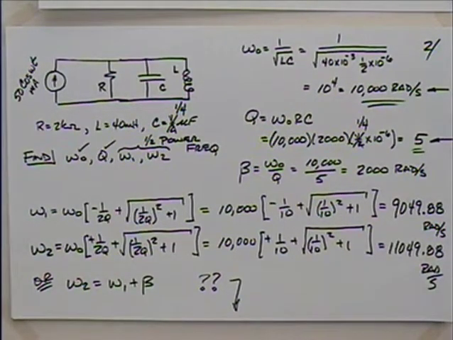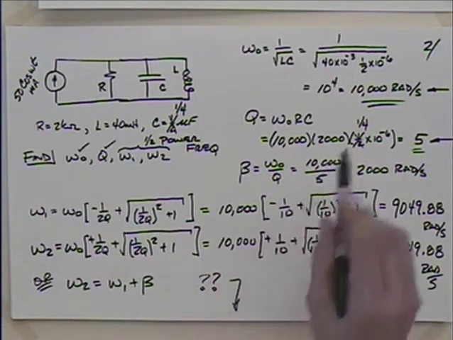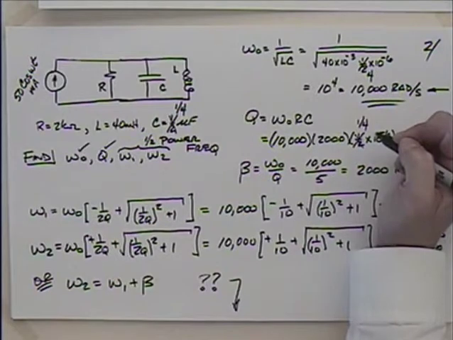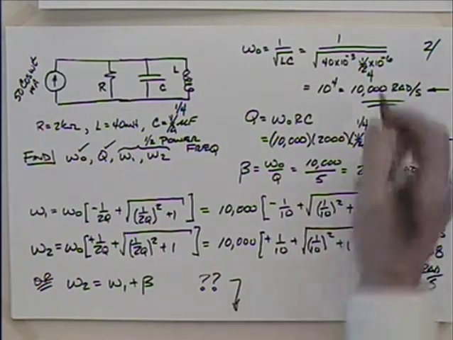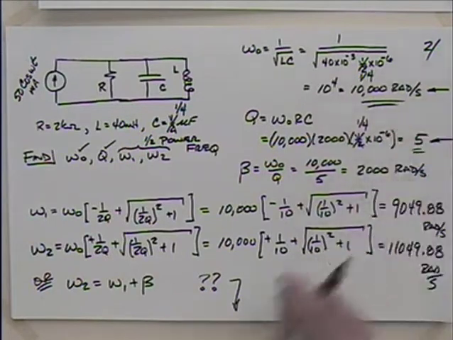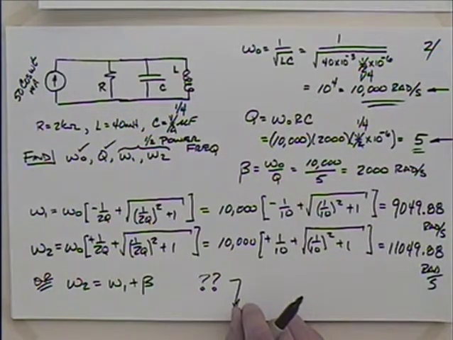Have any other problems? I don't think that shows up anywhere. Oops, right here. So a 1/4 times 40 is 10, and then I have 10 minus 3 minus 6.